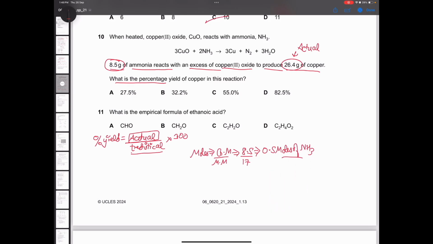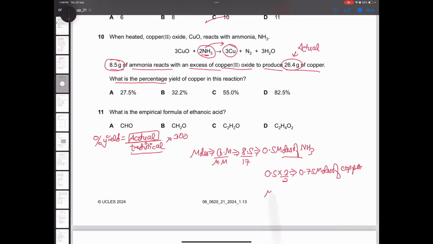Now we have to find the moles of copper. If you check the ratio between ammonia and copper, it is 2:3, right? So what you will do is you multiply 0.5 with 3 by 2. So 0.5 times 3 divided by 2, it is coming out to be 0.75 moles of copper.